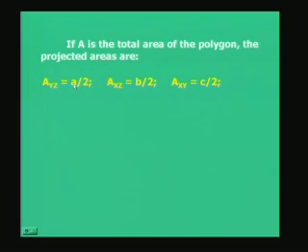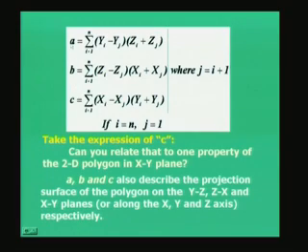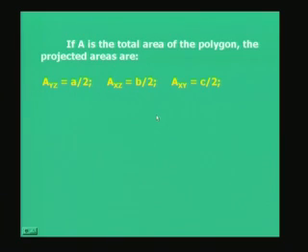When you note the formula of A, B and C, which you compute by these three sum of product terms expressions, the projected area on the yz plane is A divided by 2, projected area on the zx plane is B by 2, projected area on the xy plane is C by 2. That means A, B, C are nothing but, you can also visualize them, twice the respective projected areas on the respective planes.